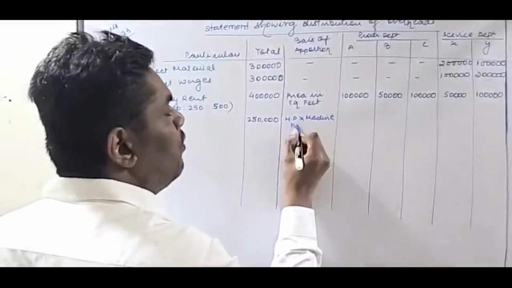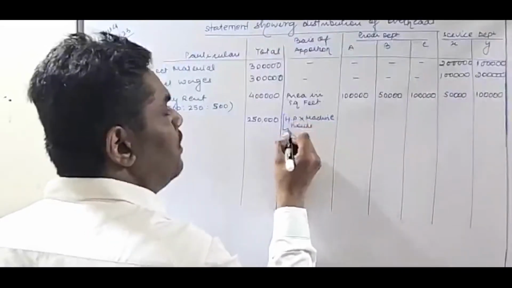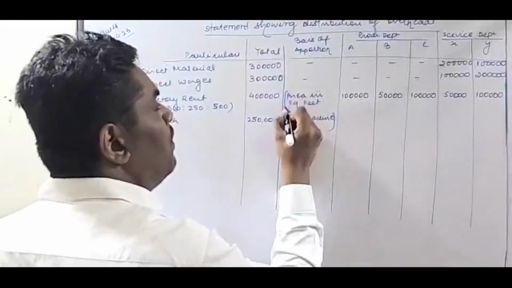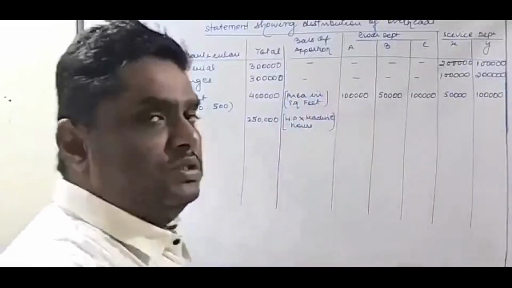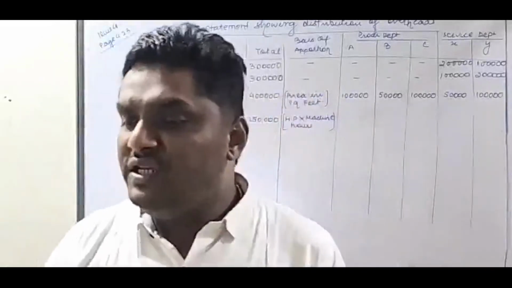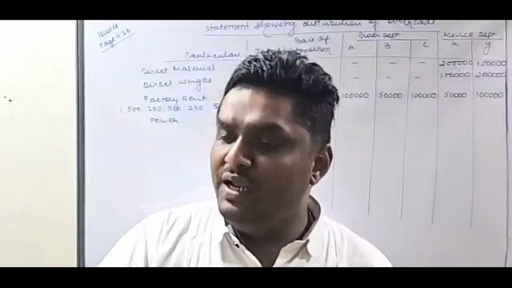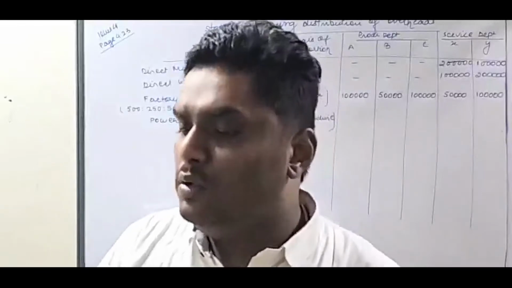So it will be distributed in the ratio of horsepower into machine hours. Since the horsepower of the machine is also given and the machine hours are also given, we will consider both.